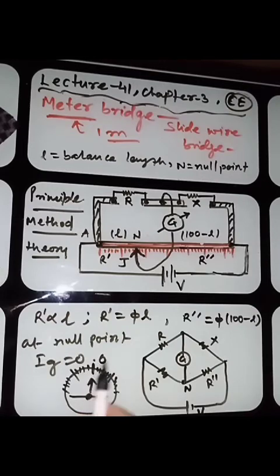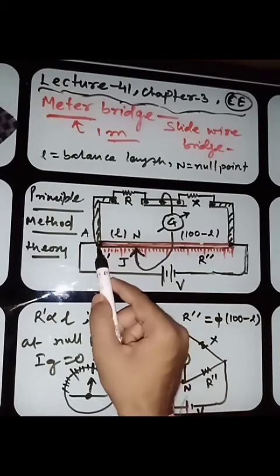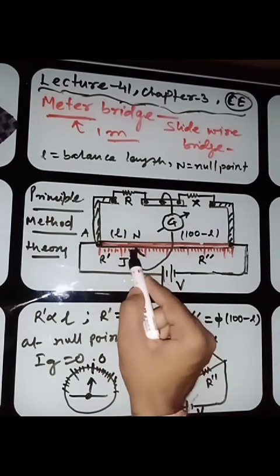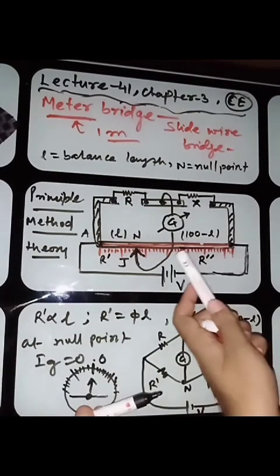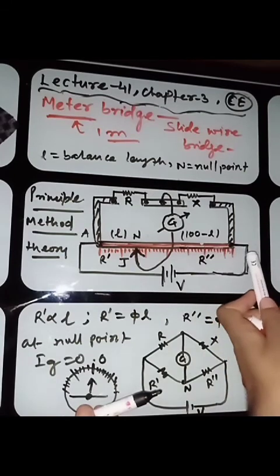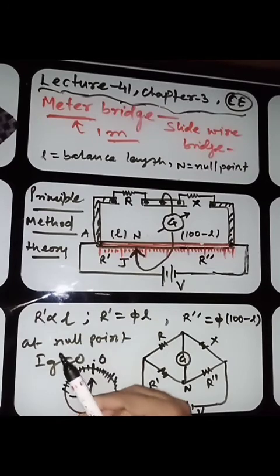Now again focus over here. If you keep the jockey at point A, you find the pointer moves to the maximum. As you put the jockey at point B, you find the galvanometer moves to the maximum on the other side.